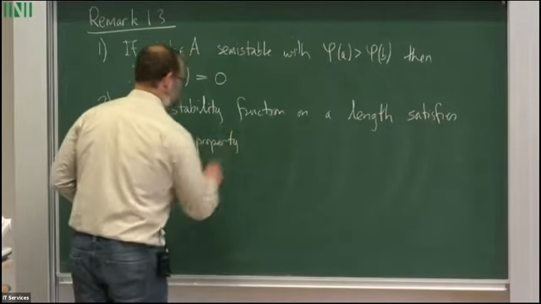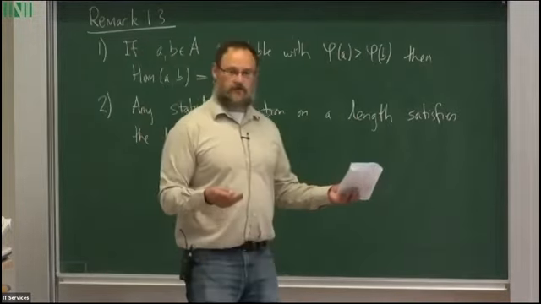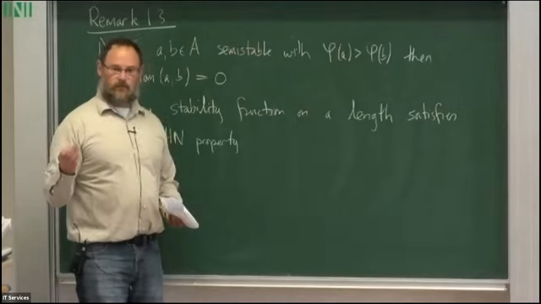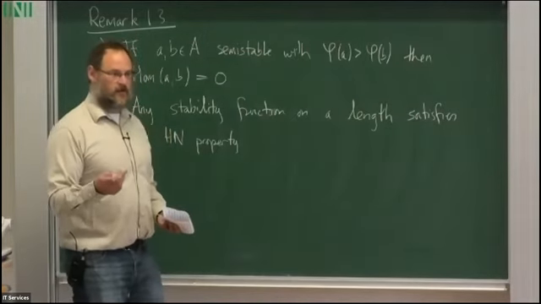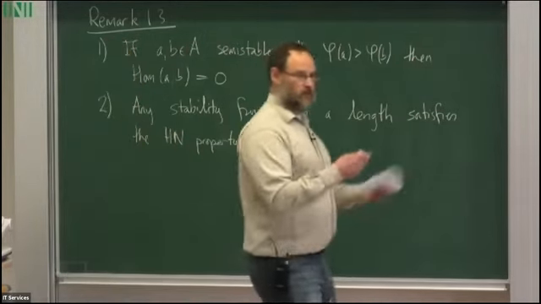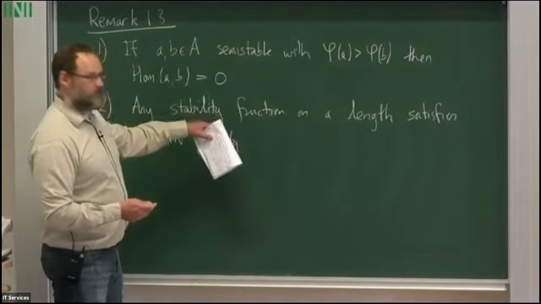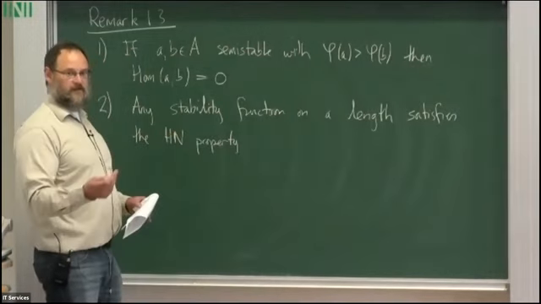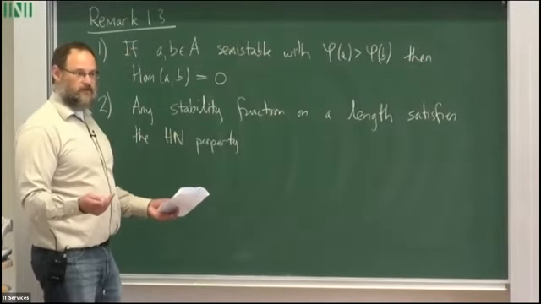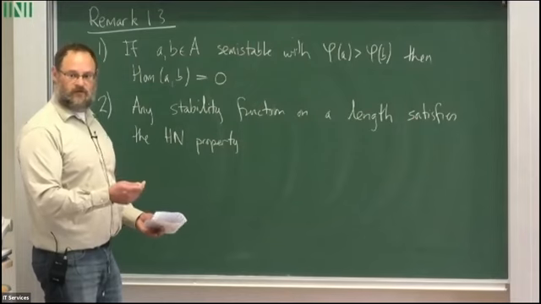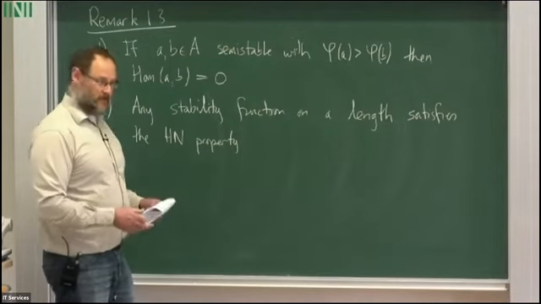In fact, because in a length category, Artinian and Noetherian means every object has a composition series whose composition factors are unique up to permutation and isomorphism, this means that specifying a stability function on a length category is equivalent to specifying a stability function on the simple objects. So it's determined by its action on the simple objects.